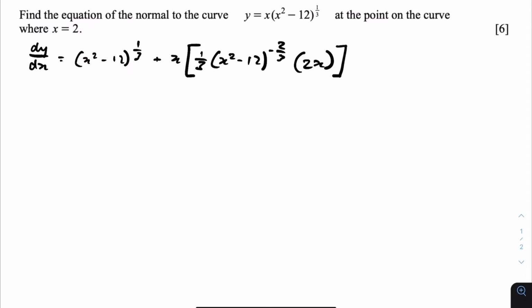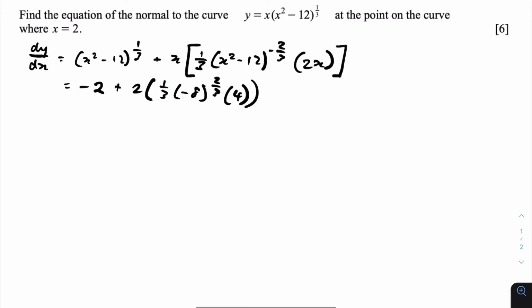And we don't actually need to simplify this because we can just substitute x equals 2 in there. It'll save us a lot of trouble along the way. So when x is equal to 2, dy over dx is equal to 2 squared minus 12, which is negative 8. Negative 8 to the power of a third is negative 2. And we add that to 2 times 1 over 3 times negative 8 to the power of 2 over 3, which is multiplied by 4.